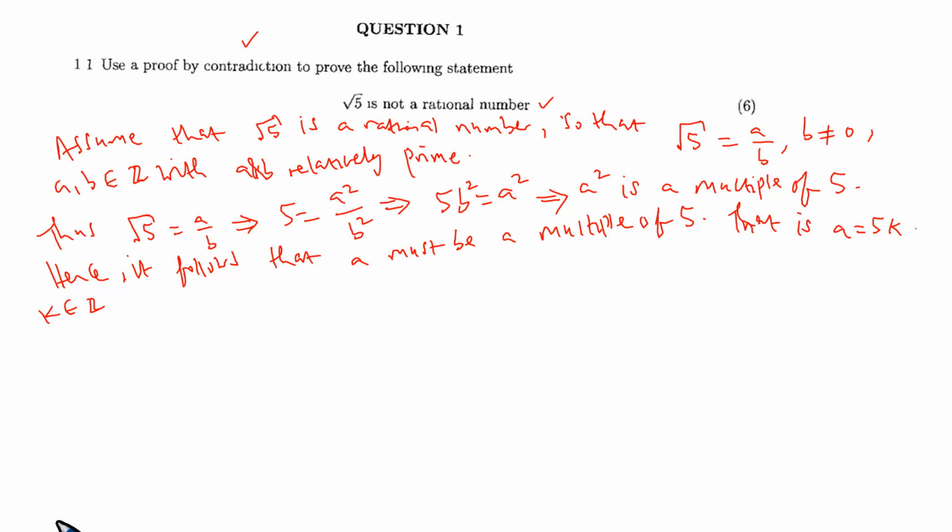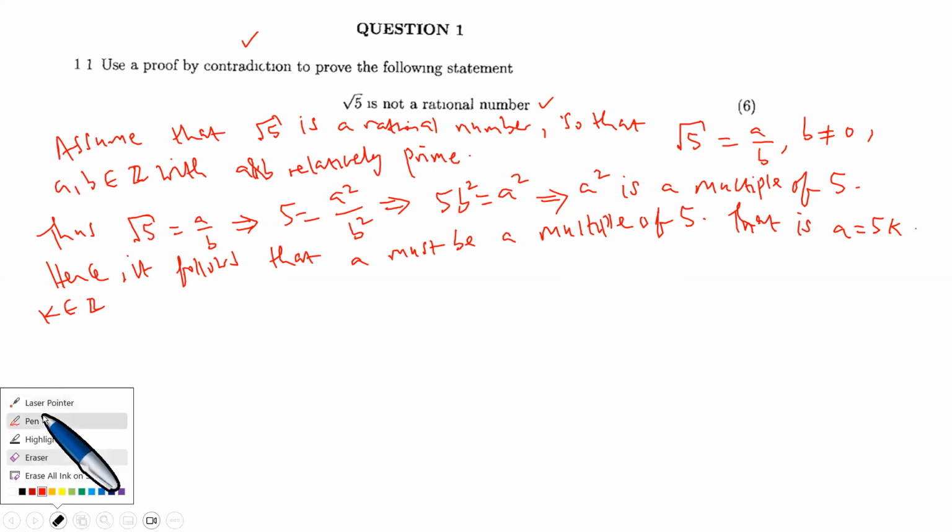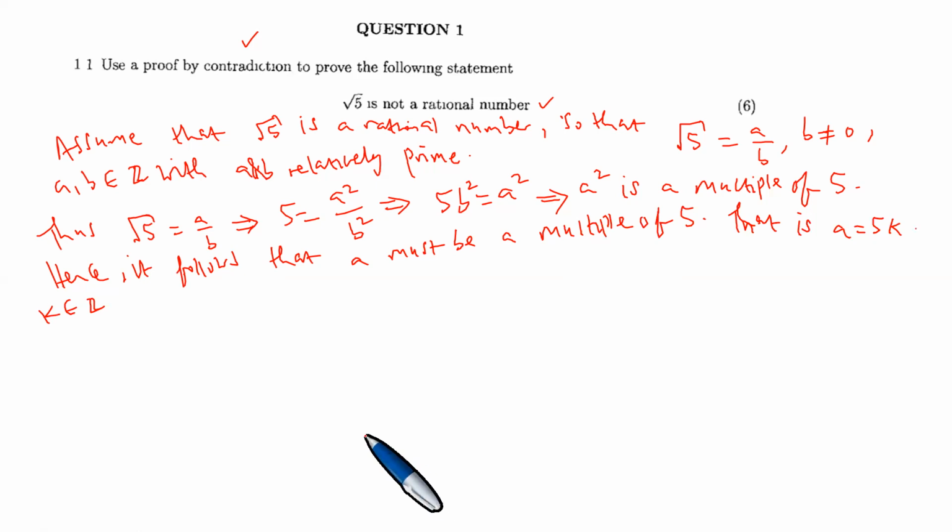What we're then getting is the following. Thus, a squared can be written as 5 squared k squared, which is 25k squared.